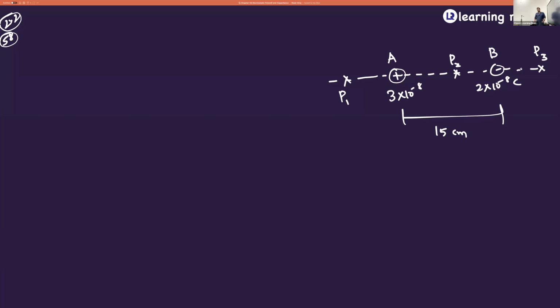Okay. So I don't know at which point the electrostatic potential is going to be 0. I'll go in sequential order. Suppose I calculate at point P1.